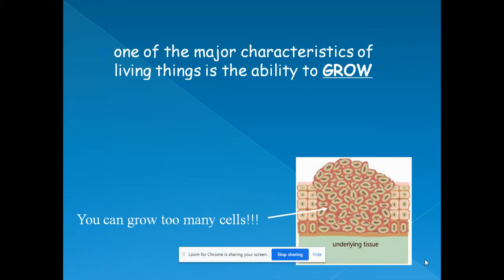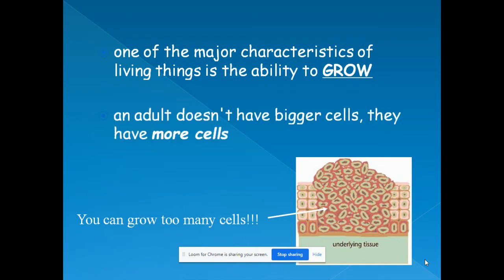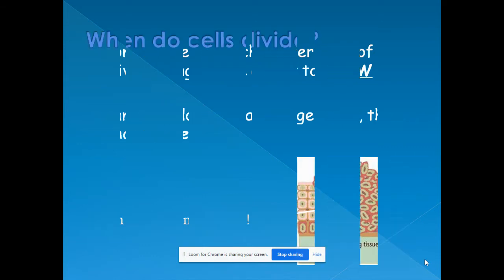First of all, because it needs to grow, so we need more cells. An adult doesn't have bigger cells, they have more cells. And this picture can show you, if you overload the tissue with lots of cells, that's when cancer happens: uncontrolled division of the cell process.